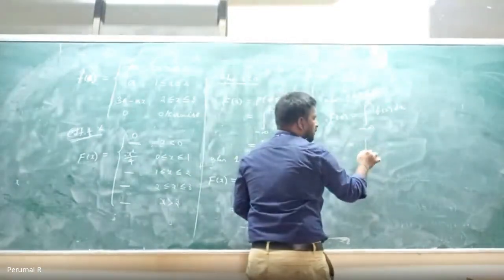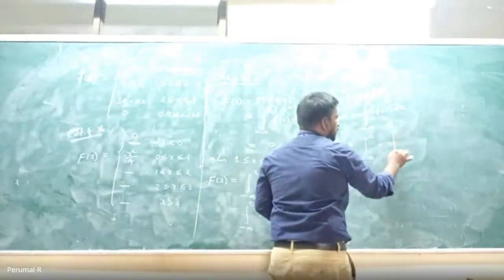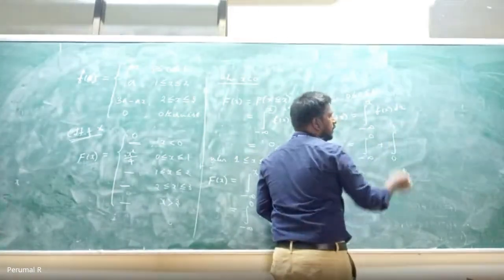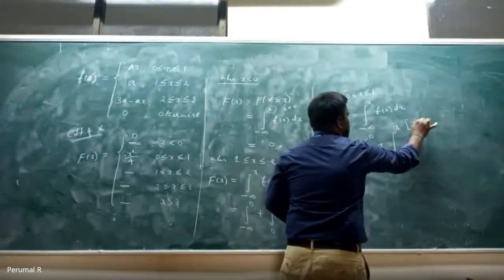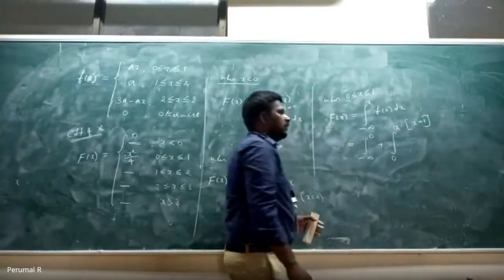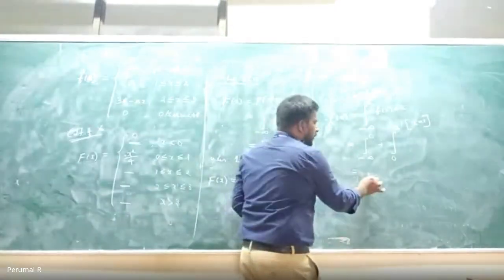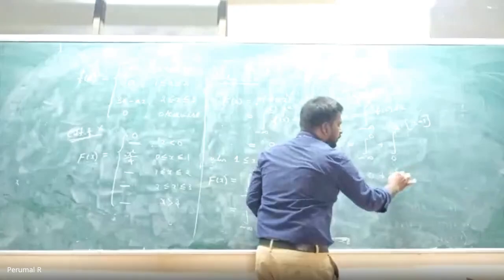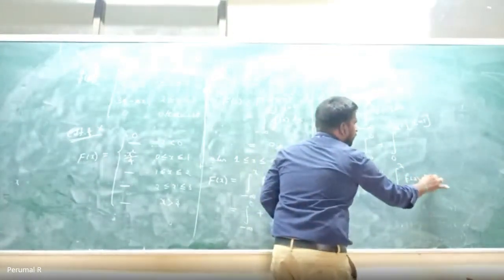So minus infinity to 0 the function is not defined, so only the 0 to 1 case we define: 0 to x of f of x dx, where your x value becomes 1.